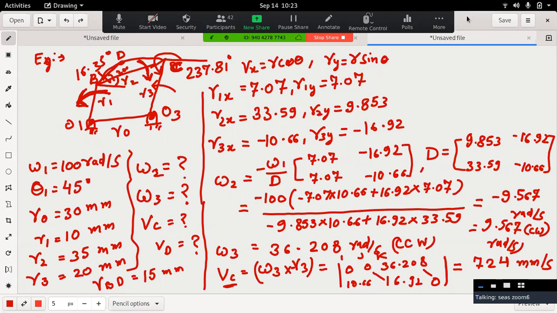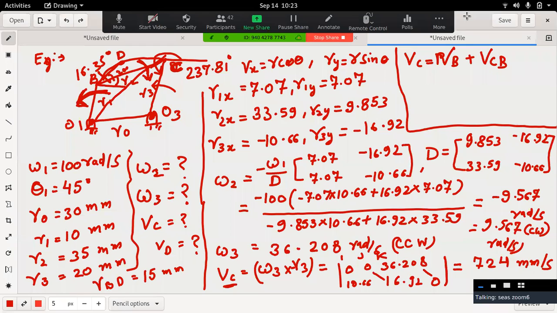The other way to determine the velocity of point C is to consider the relative velocity term. So velocity of point C we can write as velocity of point B, that is VB, plus velocity of point C with respect to B. It is like closing this triangle.